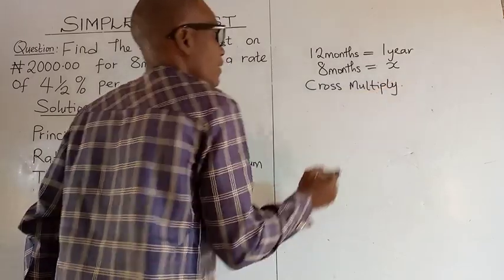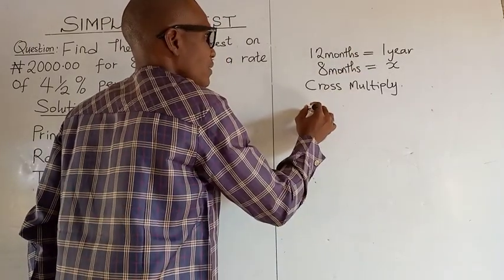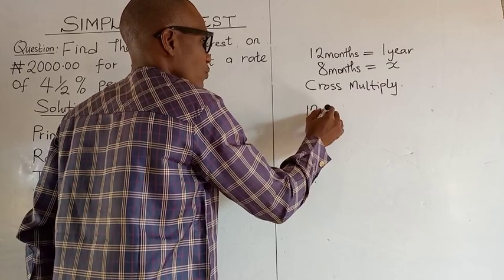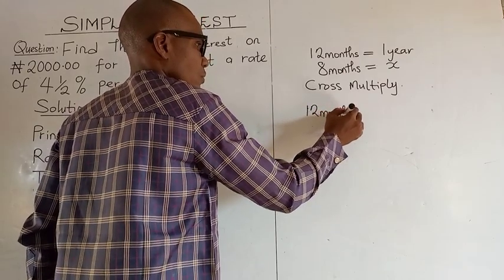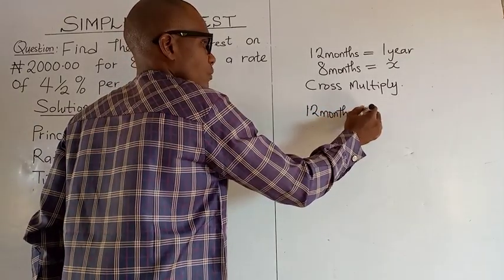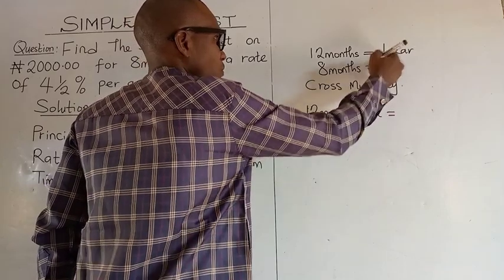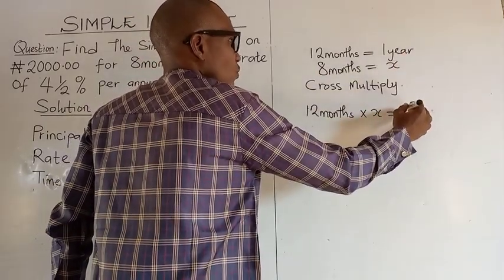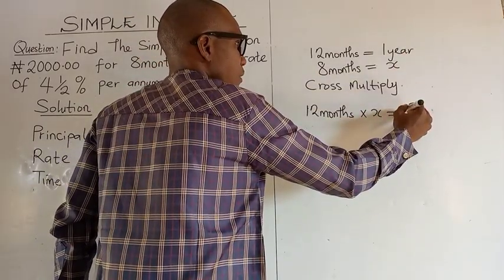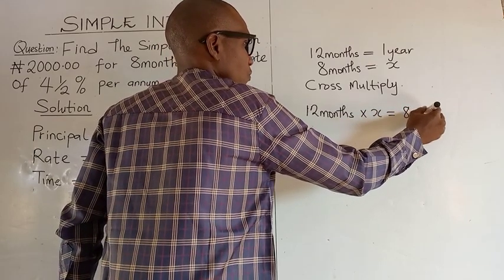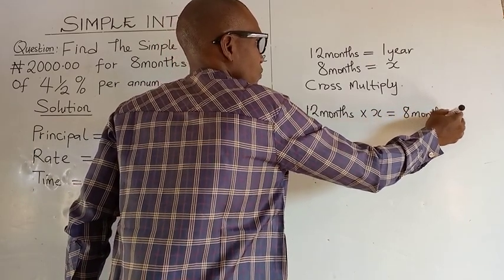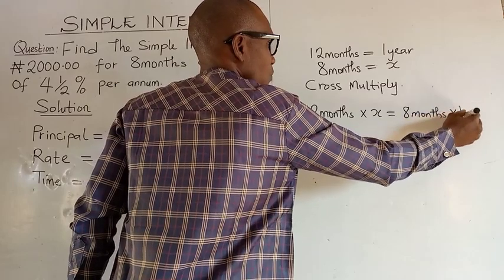We cross multiply. If we cross multiply, we have that 12 months multiplied by x will be equal to 8 months multiplied by 1 year.